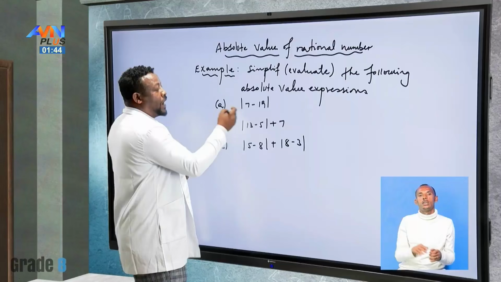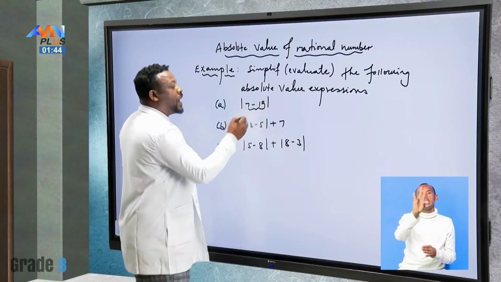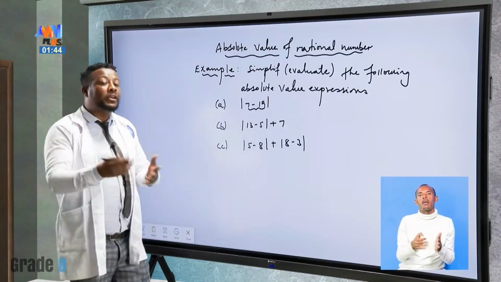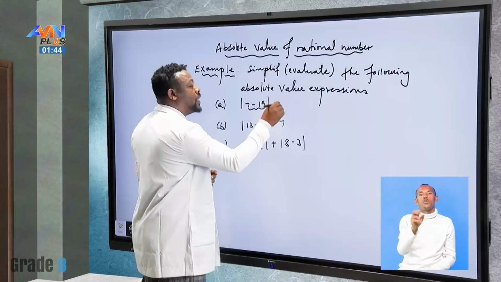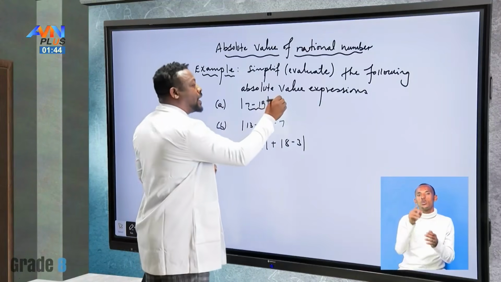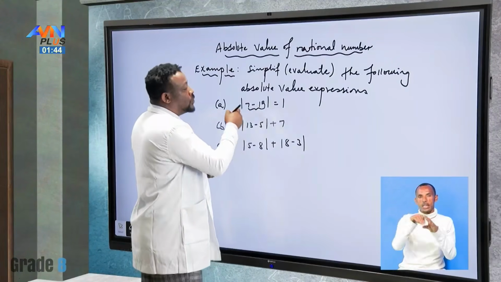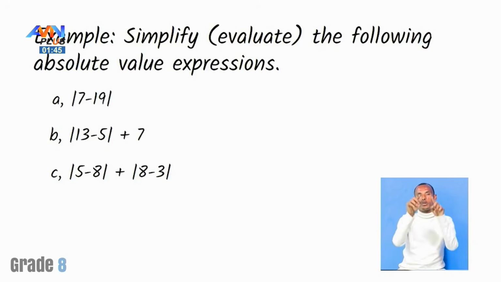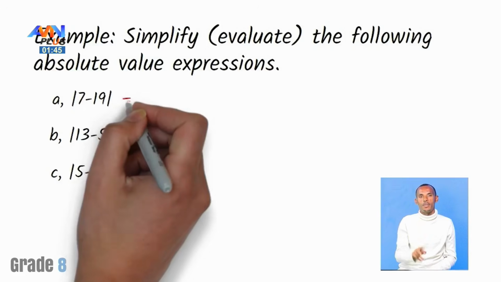So in case A, 7 minus 19 is clearly negative 12. So you need to put that inside the absolute value. So this becomes the absolute value of negative 12, right?